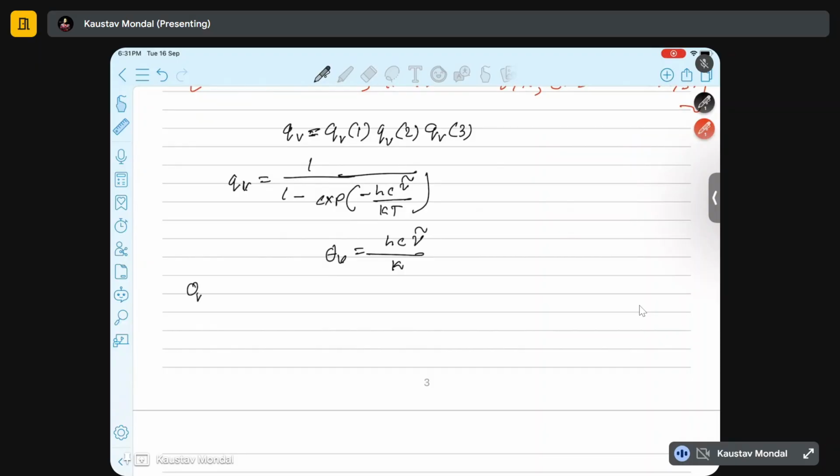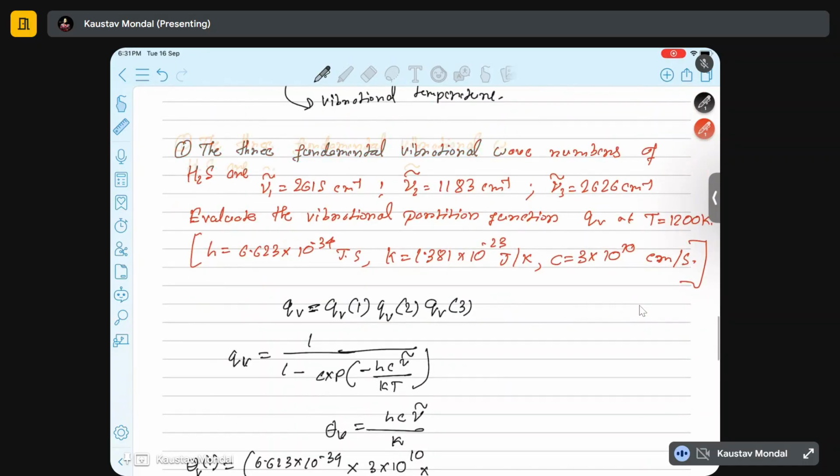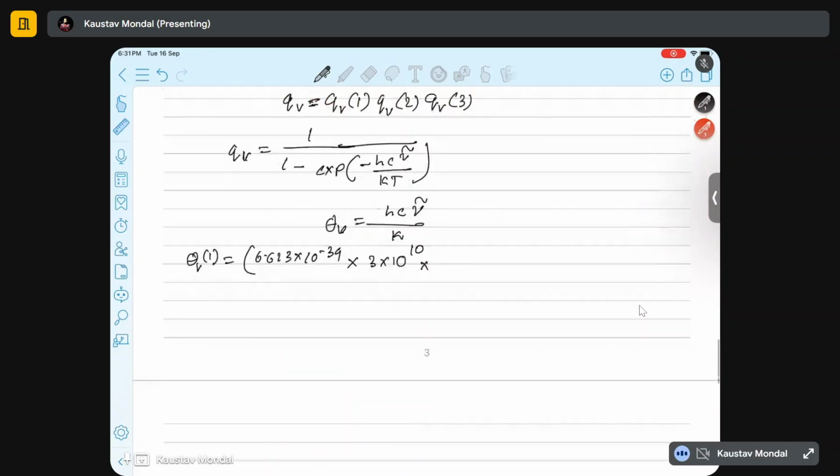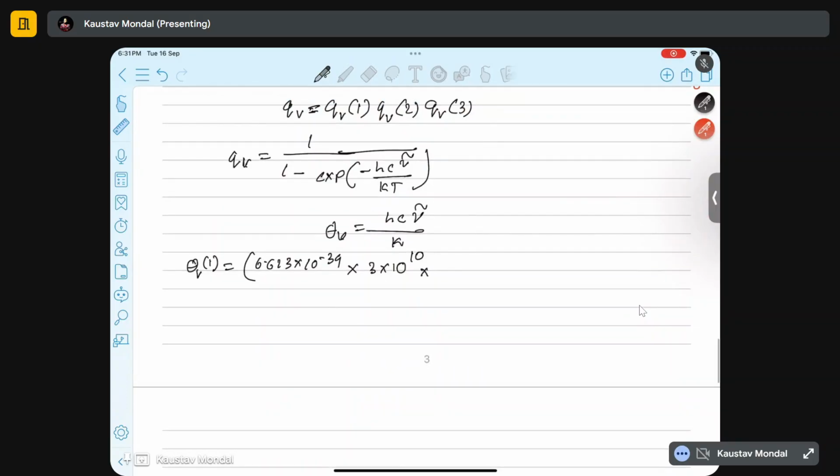Theta v1: h we already know, 6.623 into 10 to the power minus 34. c is the speed of light, 3 into 10 to the power 10, in centimeter units, because in the problem the wave numbers are given in centimeter inverse.